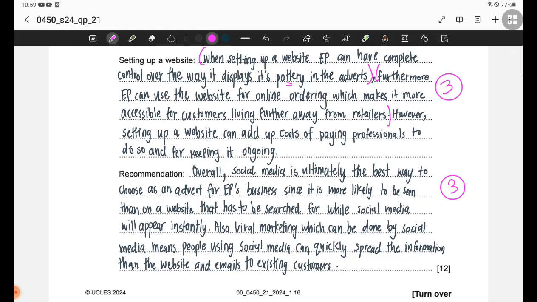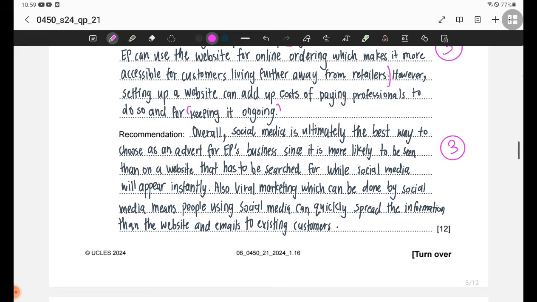Also, again, the ongoing cost of maintenance, which I actually mentioned here. You can also say the search engines may not bring up EP's products sometimes. You can say it also relies on the people's way of finding the product, like they have to search for it basically. Okay, so it's not like the pop-ups on social media.